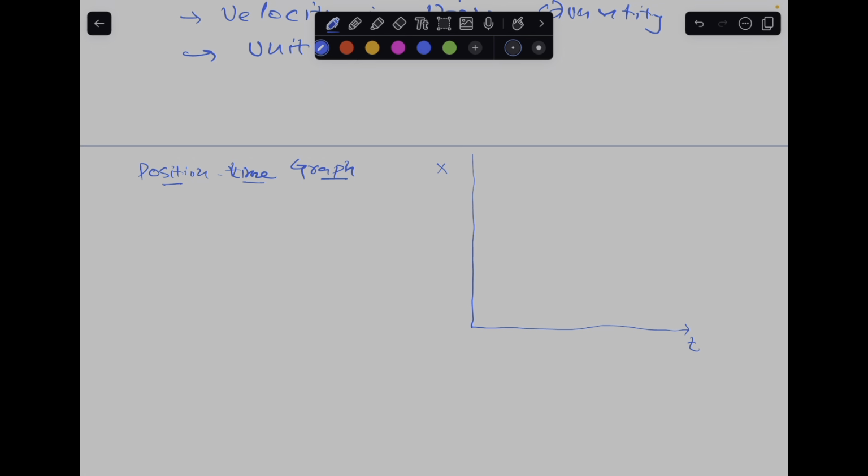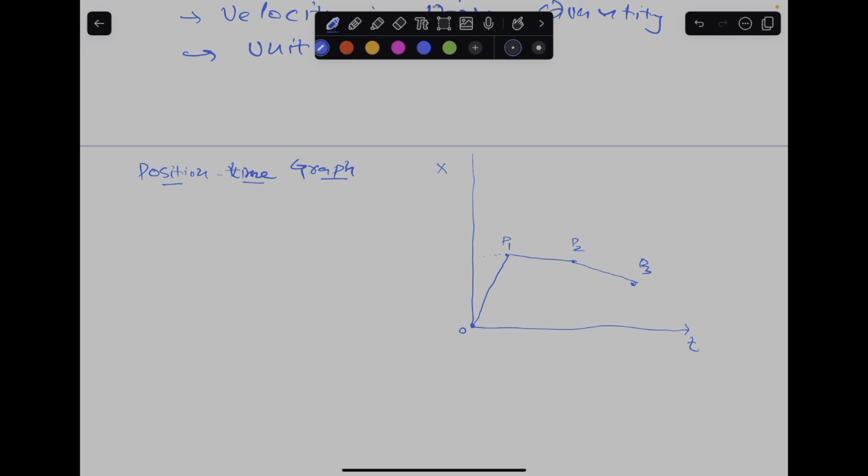For example, if the body starts its motion over here at the origin, and after some time it has the position at this point, then after some time it has the position at this point, and after some time at this point. So like this is your origin, this is point P1, point P2, point P3.